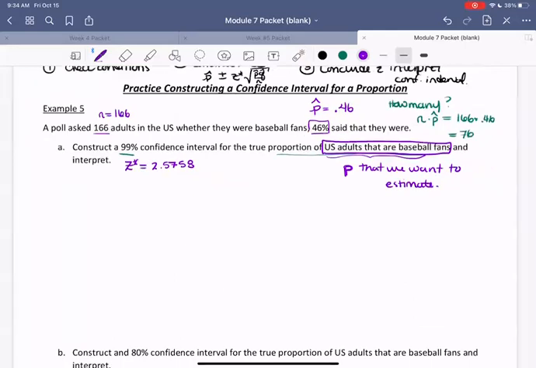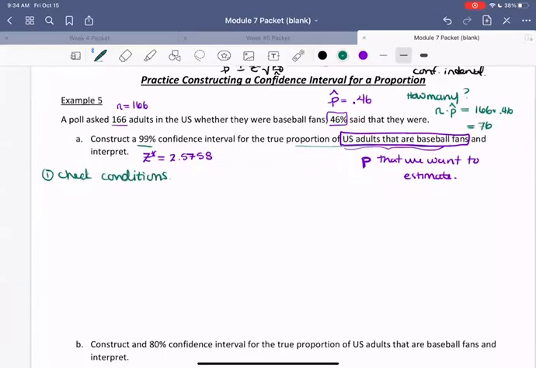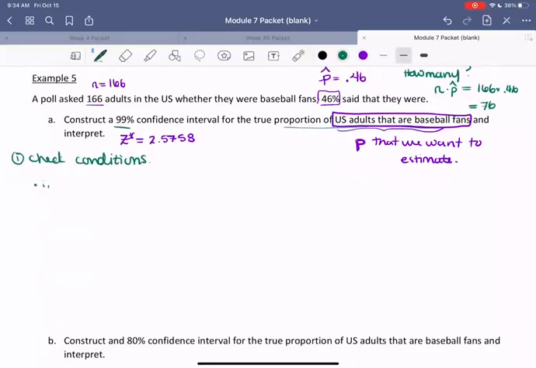Okay, so now let's go through our steps, which means that we first need to check that the conditions are met. So let's do that together. Step number 1, check conditions. We need independence and randomization.